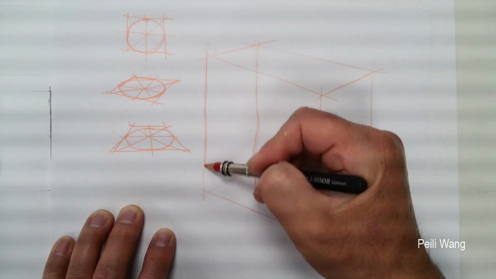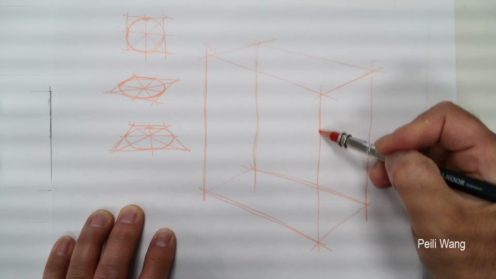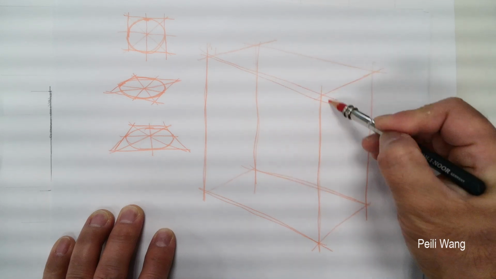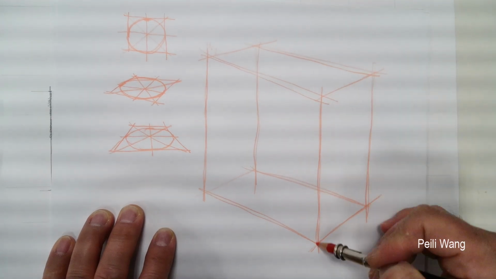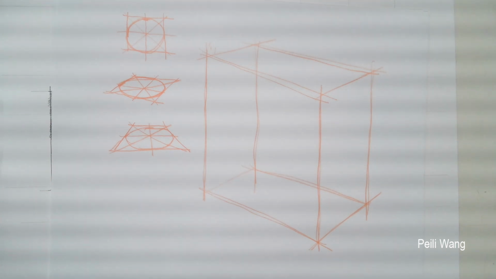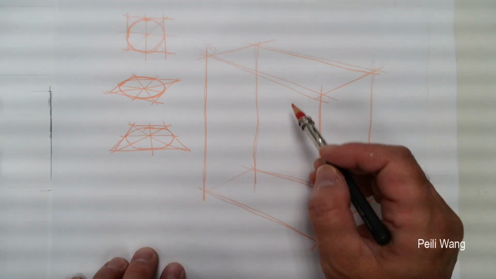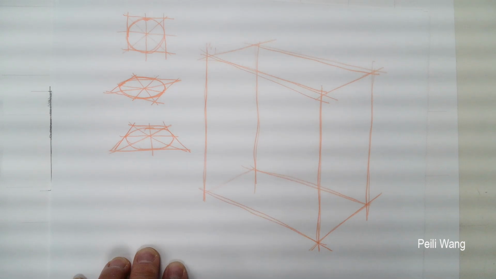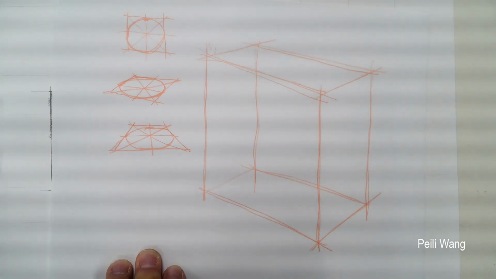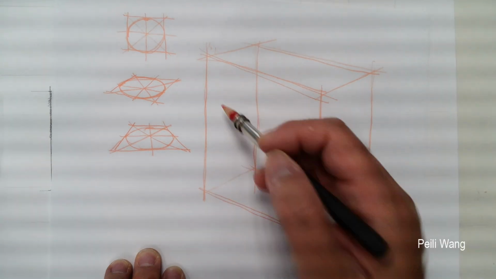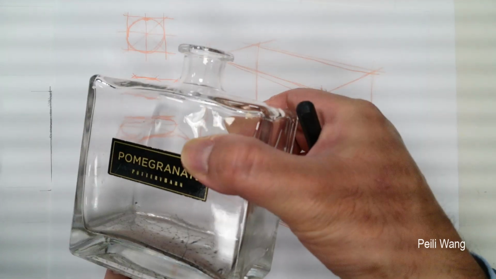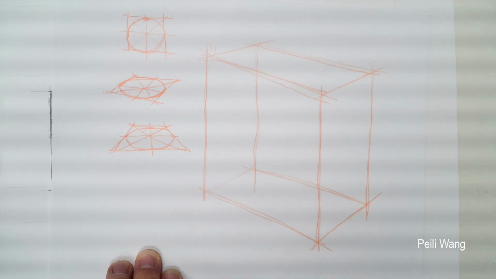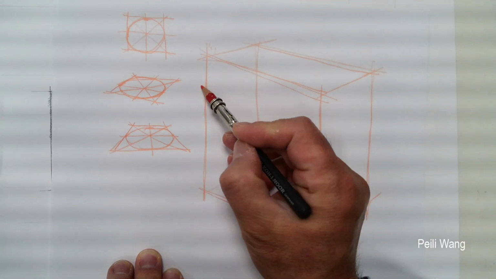Square. Like a big cube first, a big cube. Then from this object, we cut here.